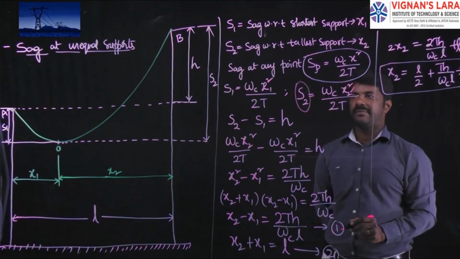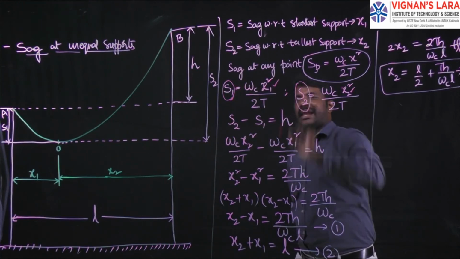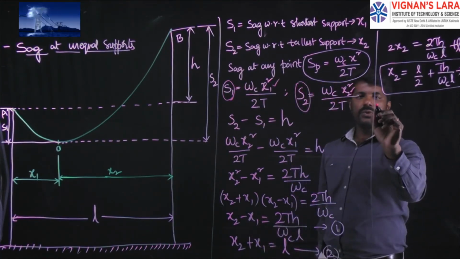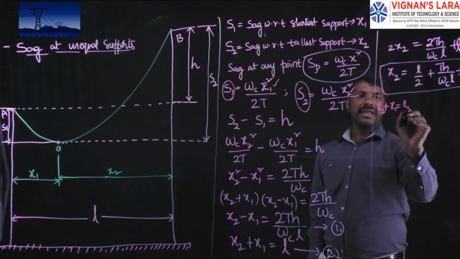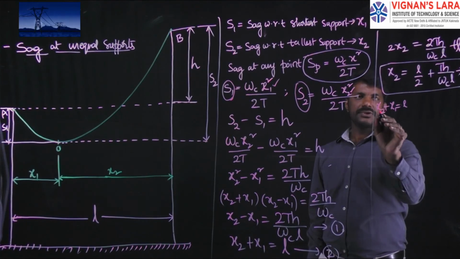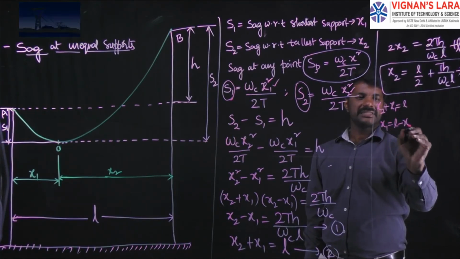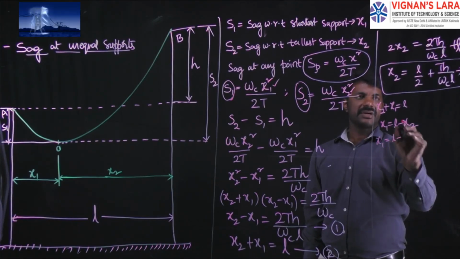That is our requirement. In the same way, to calculate S1 requires x1. For the x1 calculation, we know that x2 plus x1 is equal to L. Substitute this x2 value, so that x1 is equal to L minus x2. So x1 is equal to L minus, what is x2?